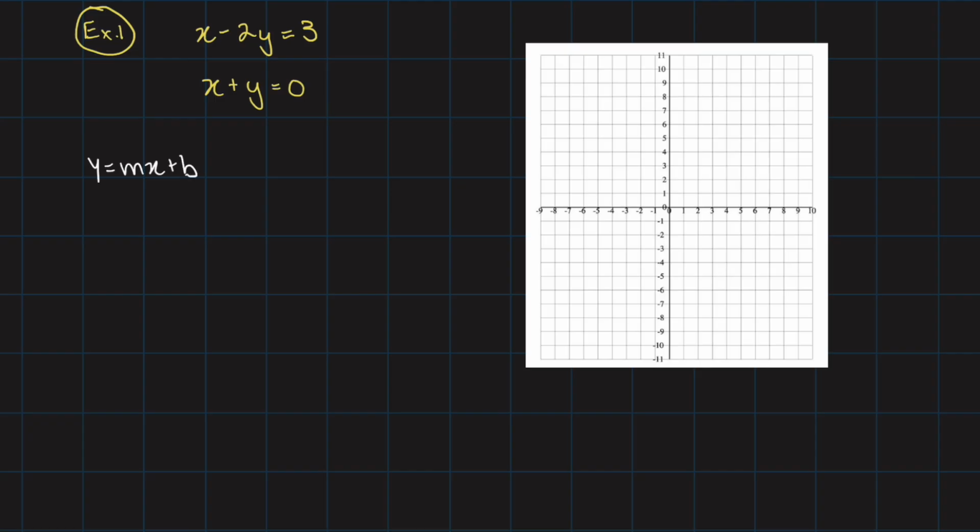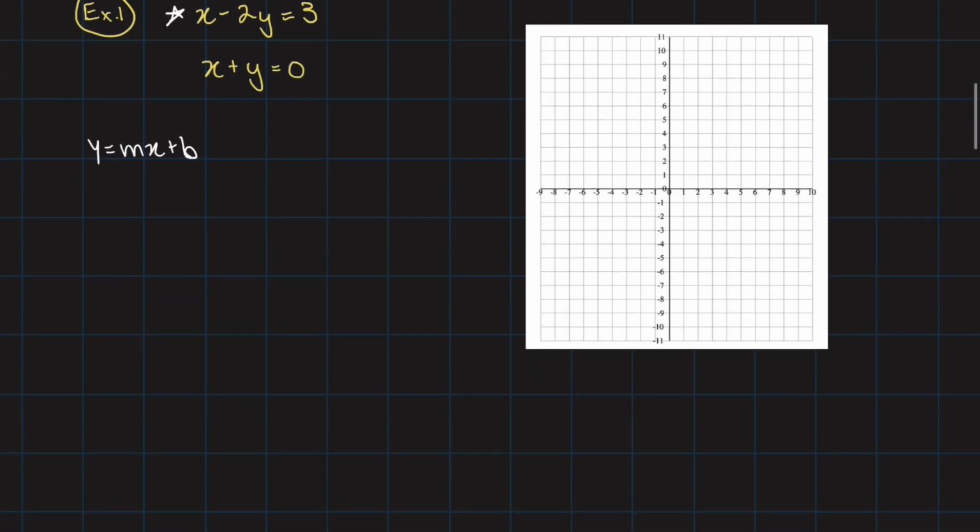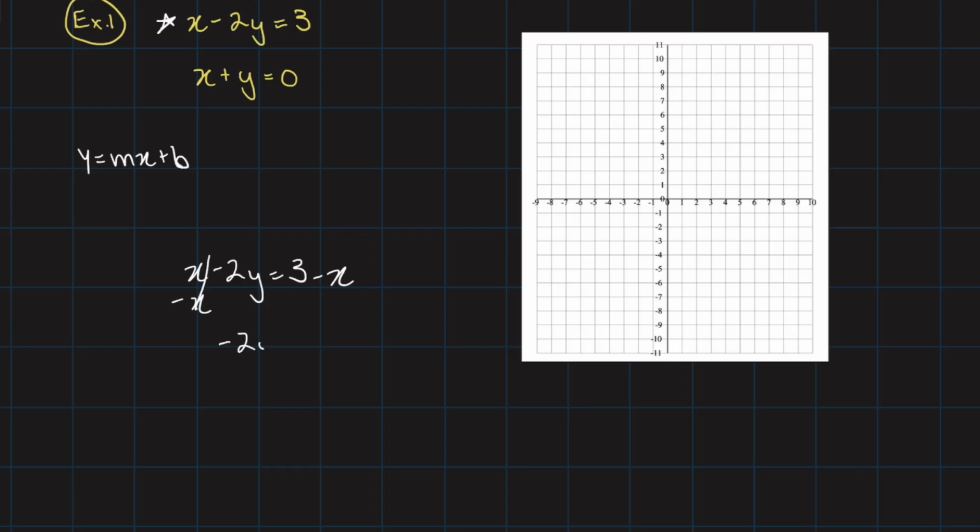If you're not really sure how to do that, lucky for you, we're about to go through that right now. So let's start with this first equation, x minus 2y equals 3. It's quite simple. You just have to isolate y. So we can start by moving x to the other side, and then we have negative 2y equals 3 minus x.